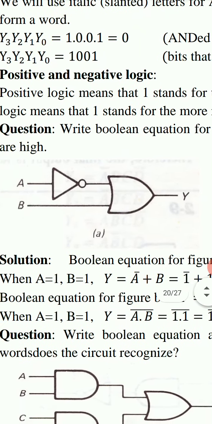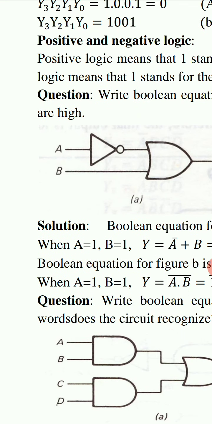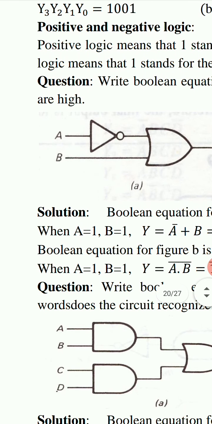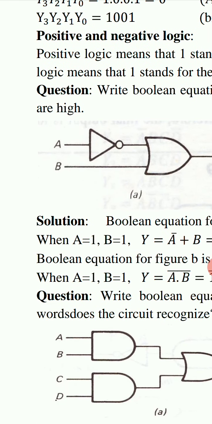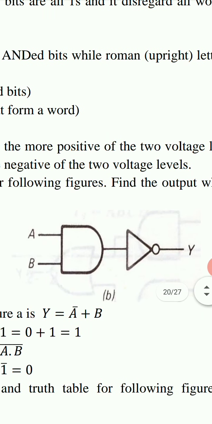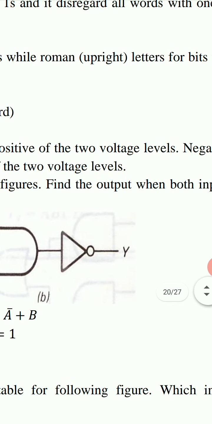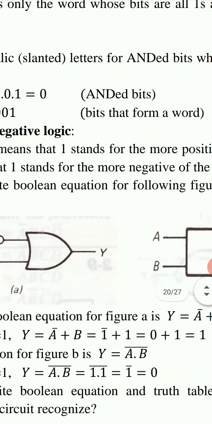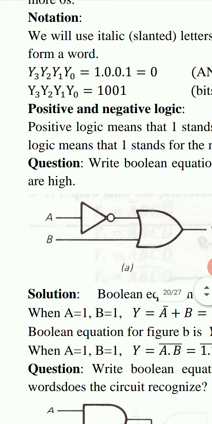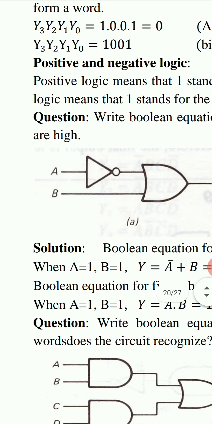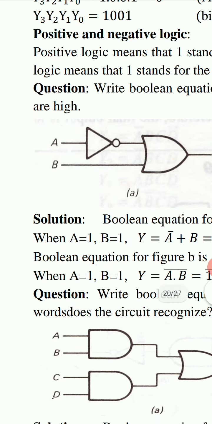And if we write y3, y2, y1, y0 in Roman upright letters, this is for bits that form a word. If Roman or upright letters are used for y3, y2, y1, y0 and we put in the values, it is written as 1001, and it represents a word.